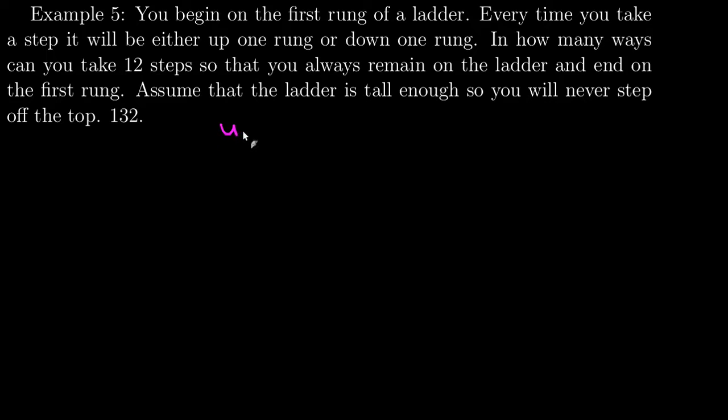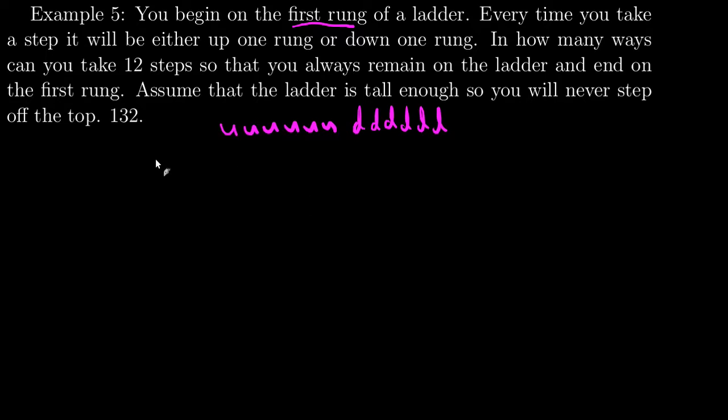So I need to take a total of 12 steps ending up at the same place. That means I have to take a total of 6 up steps and 6 down steps. And since I'm on the first rung, if I take a single down step before an up step, I will be off the ladder. So I always need to have more U's, or equal U's, as I have D's.